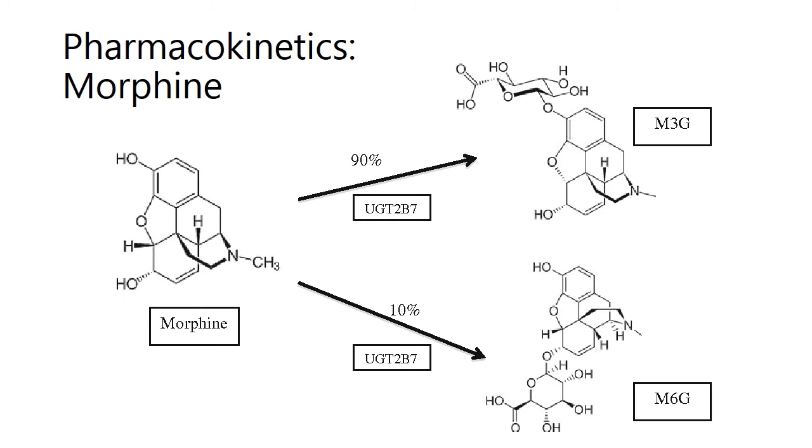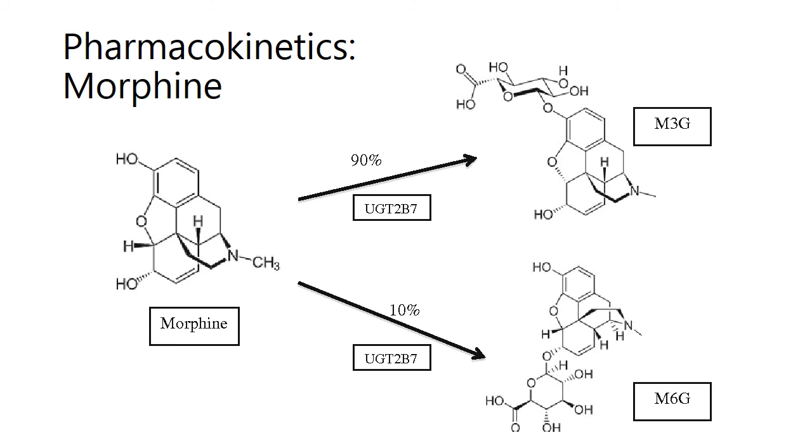The intravenous route reaches its peak effectiveness after about 10 minutes and has a duration of action of about 3 to 4 hours. Morphine is metabolized primarily in the liver, although a small amount is metabolized in the kidneys, and it's metabolized through these 2 pathways that we can see here.